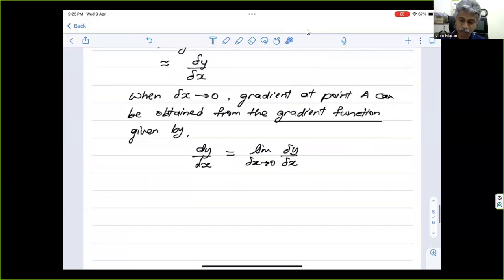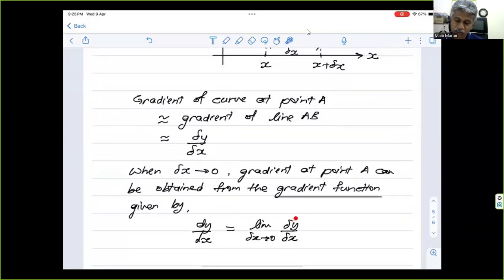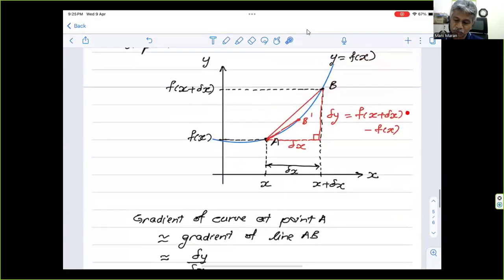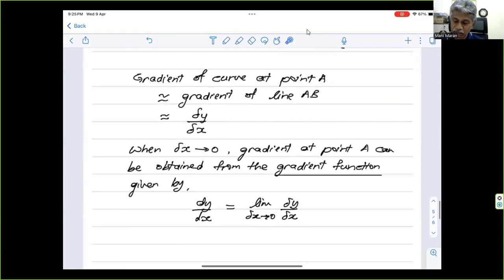So what we are going to do here, you notice we have delta y. Delta y is actually equal to f of x plus delta x minus f of x. So we are going to replace delta y by that function.